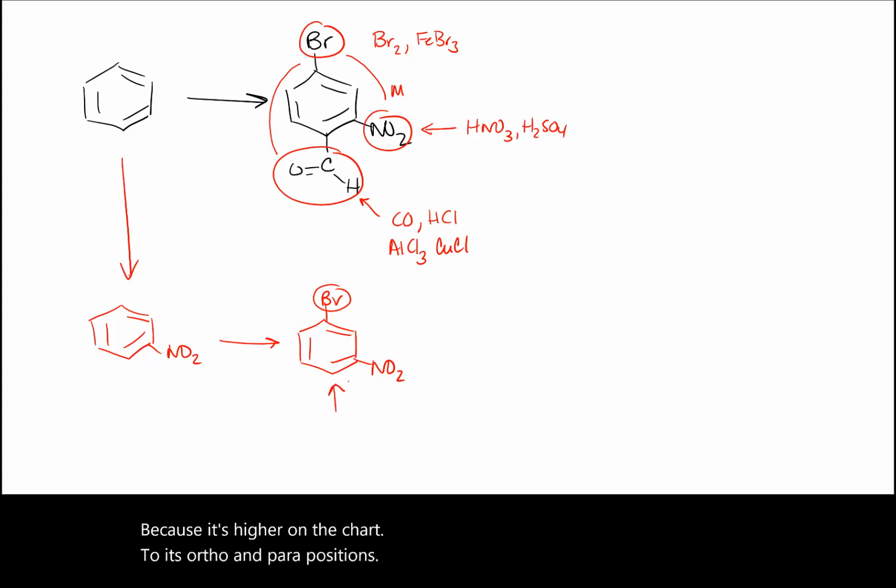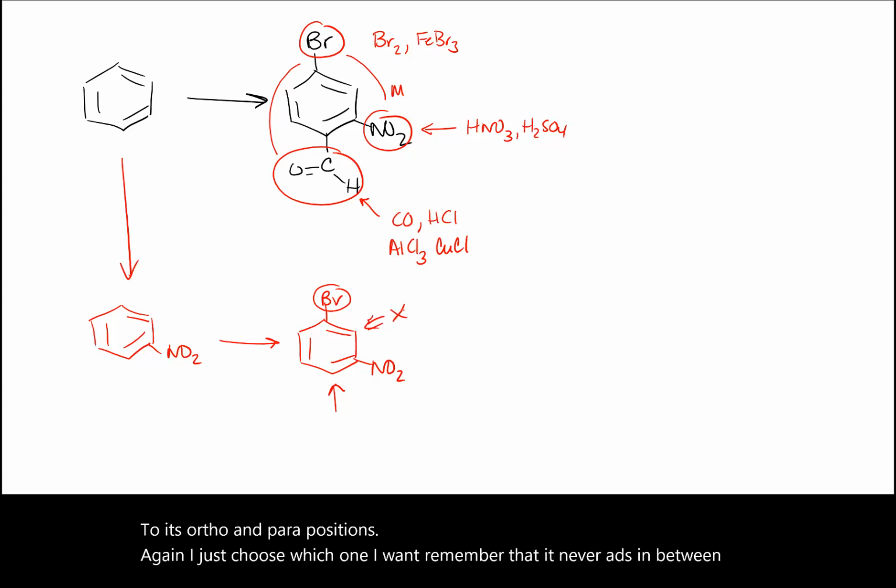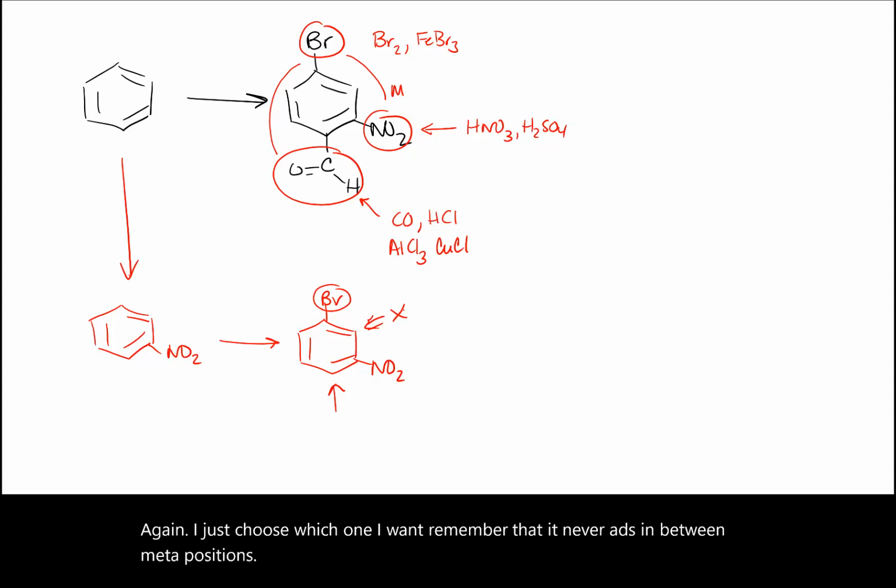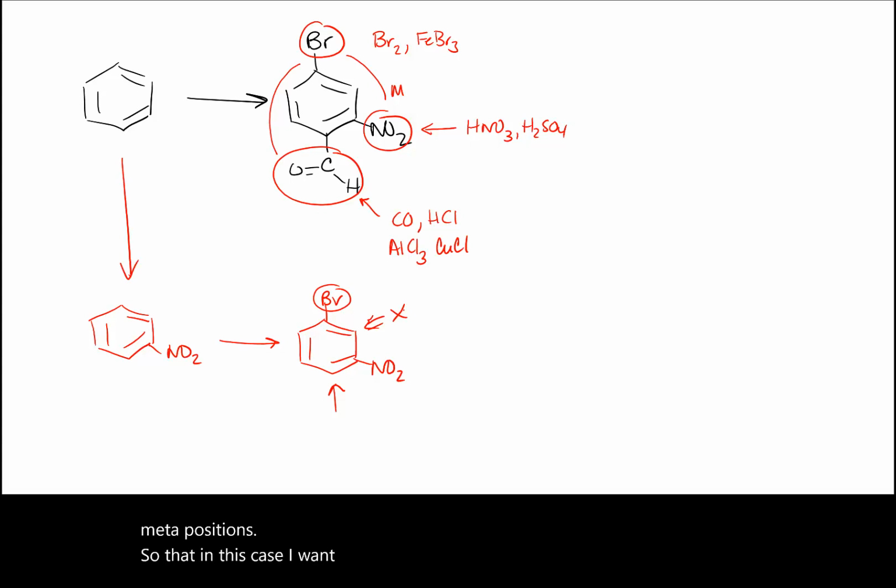Again, I just choose which one I want. Remember that it never adds in between meta positions. So in this case, I want the aldehyde to add in the para position to the bromine.